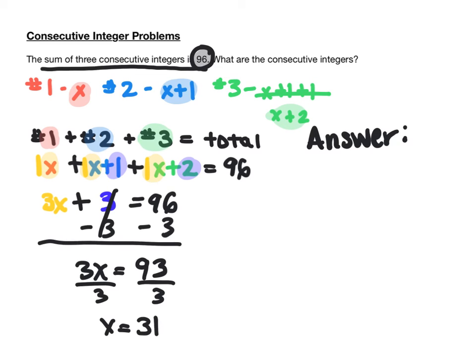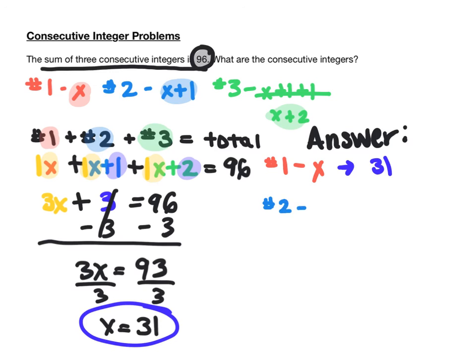Now to find our answer, the first number was just x. So that means that now this is our value of x. This means that this number is just 31. The next number was x plus 1.